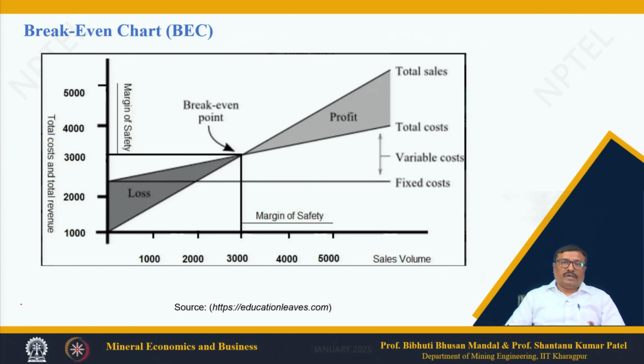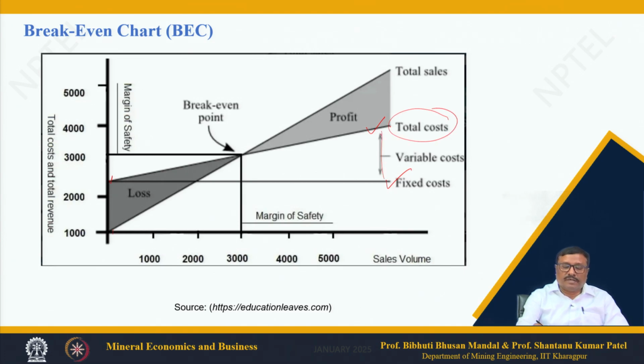From the linear chart, this horizontal line is showing you once again the fixed cost, and then there is a variable cost which, when added with the fixed cost, gives you the total cost.